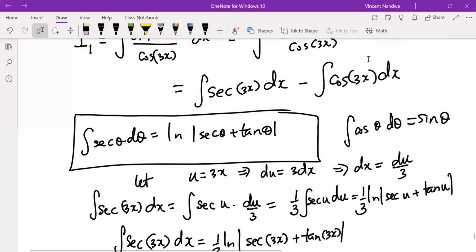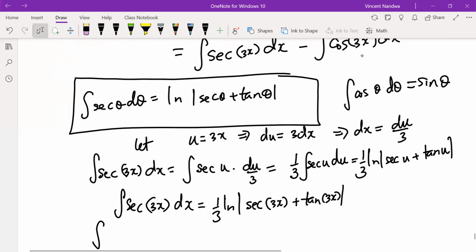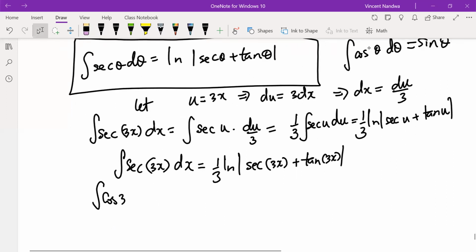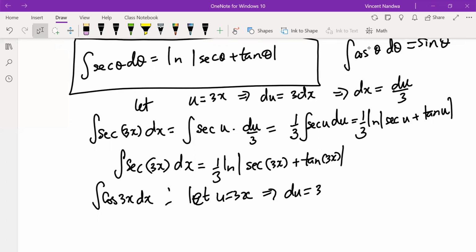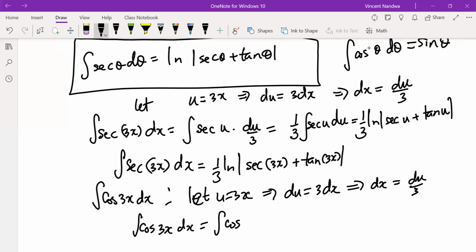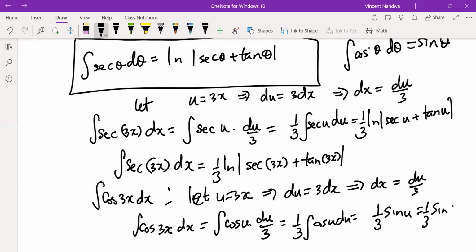And then the other one also, for integral of cos 3x dx, we let u to be 3x, which means du is 3 dx, which means dx is du over 3. So integral of cos 3x dx will be the integral of cos u times du over 3, which is a third integral of cos of u du, which is a third sine u, which is a third sine of 3x.